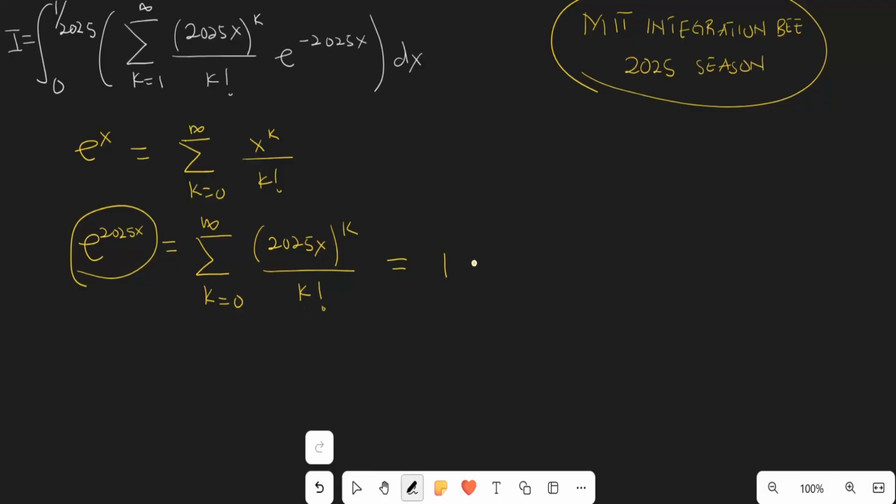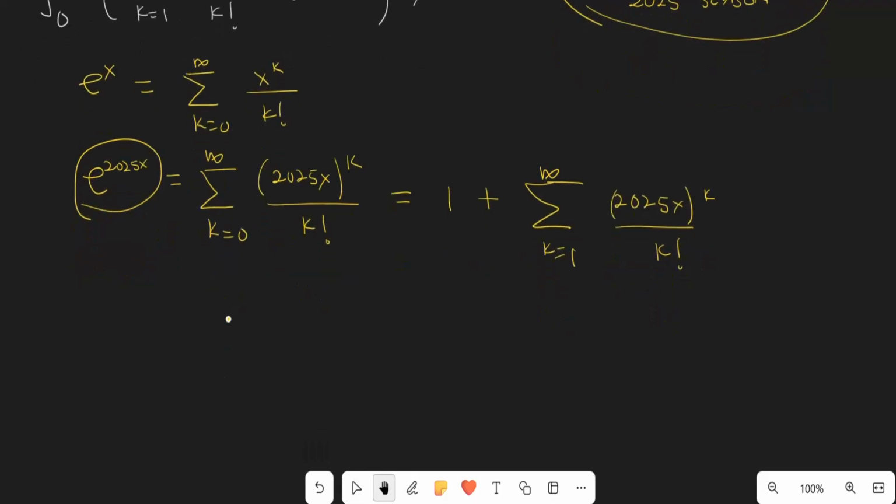So the first term is really going to be 1 plus the summation from k running from 1 to infinity of 2025x raised to the power k all over k factorial, right?